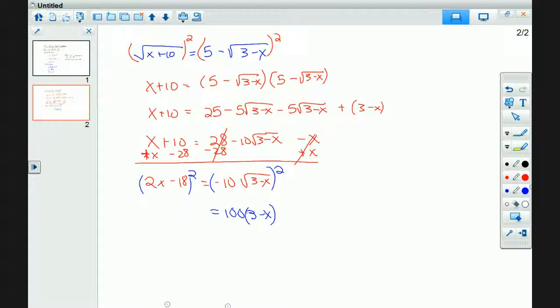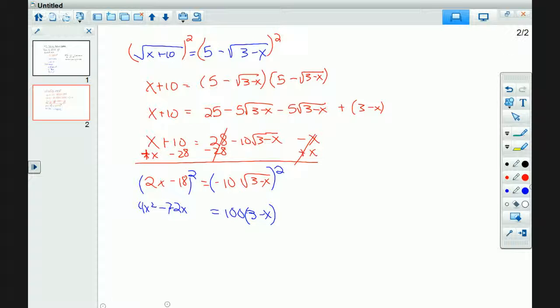And here I can. So you have 100 times 3 minus x, the root's gone. I know. Dodging a bullet there. And guess what we get to solve? Quadratic. And this will be 4x squared minus 72x.